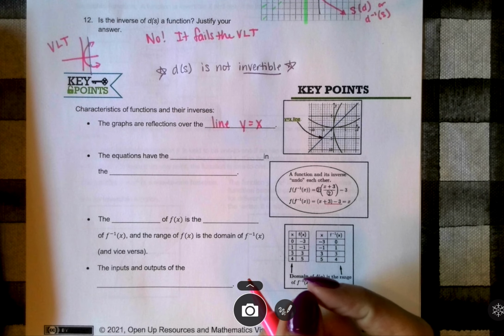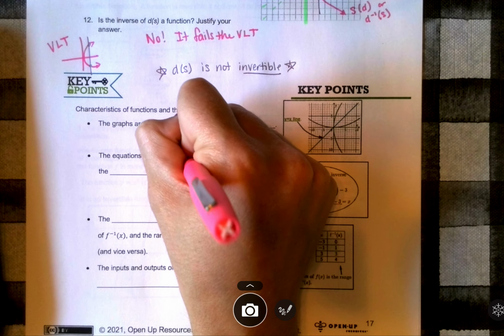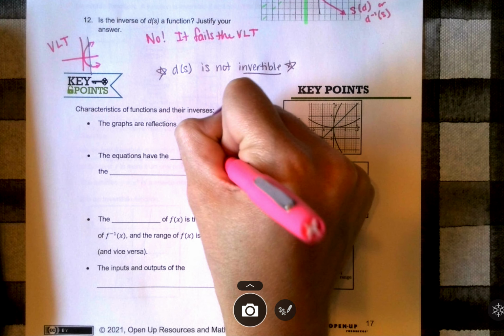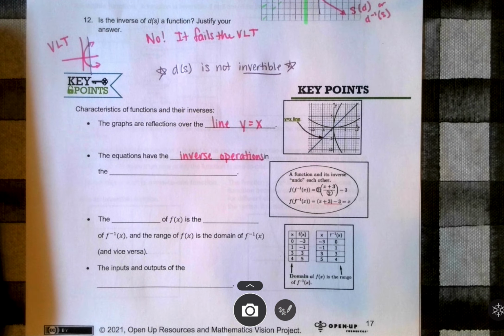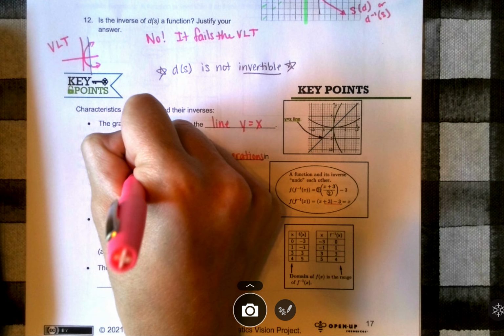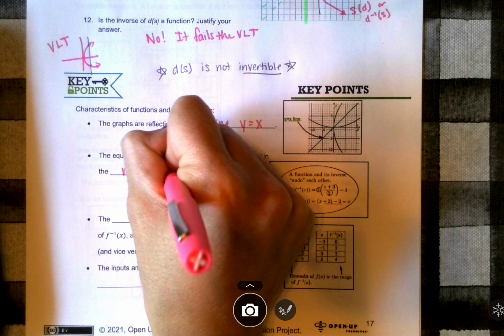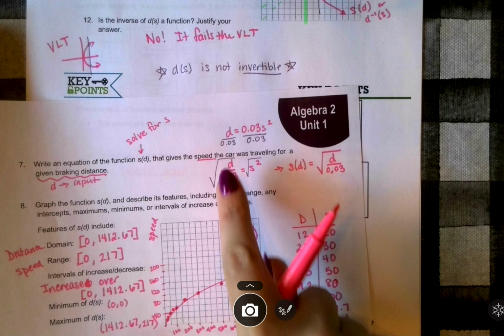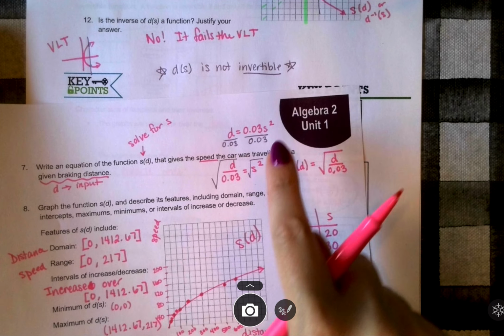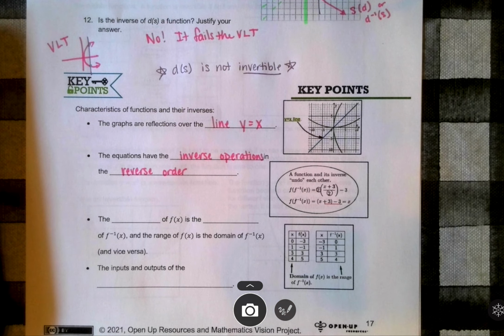The equations have the inverse operations in the reverse order. So we saw that, I'm going to pull out a previous page, we saw that when we were solving d for s, we did the opposite operations in reverse order.